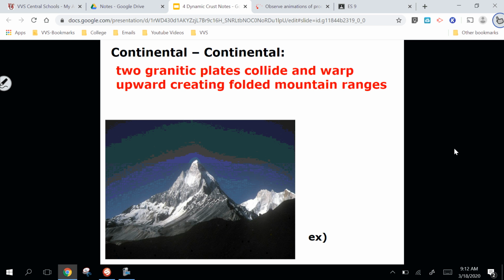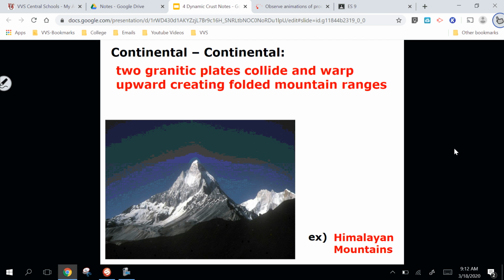So instead of one plate sinking down, melting, and forming a volcanic range, here they kind of slam together and they both want to stay on top, so they crumple upward, creating a folded mountain range, not a volcanic mountain range. Folded. The layers get folded, twisted, warped. A lot of metamorphic rock is formed, that kind of thing. The Himalayas are a really big example of that, and again, I'll point out these things in just a second here.